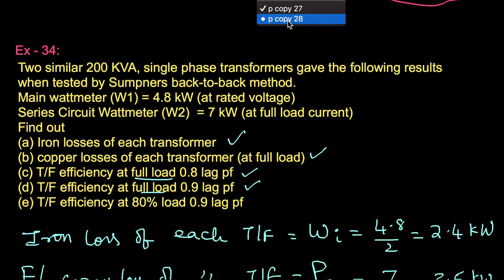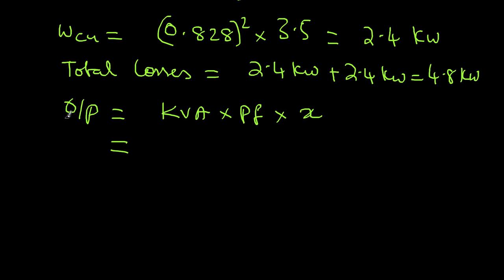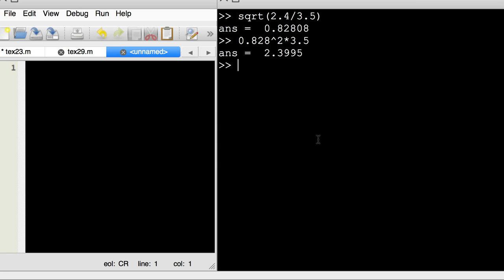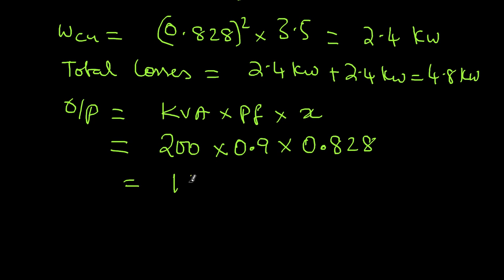So 200 kVA multiplied by 0.9 power factor multiplied by 0.828 will give me the output in kilowatts. 200 multiplied by 0.9 multiplied by 0.828 is 149.04. So 149 kilowatts, I'll just round it off.